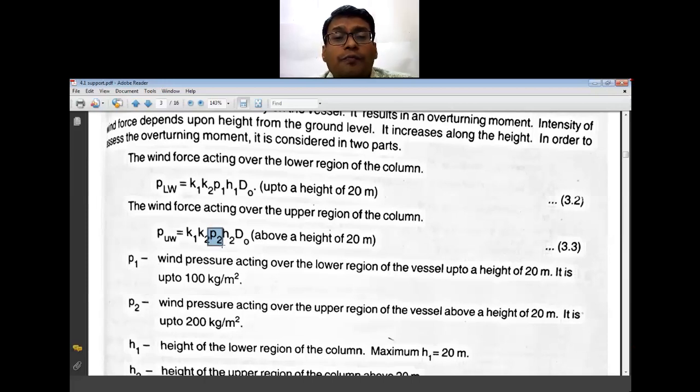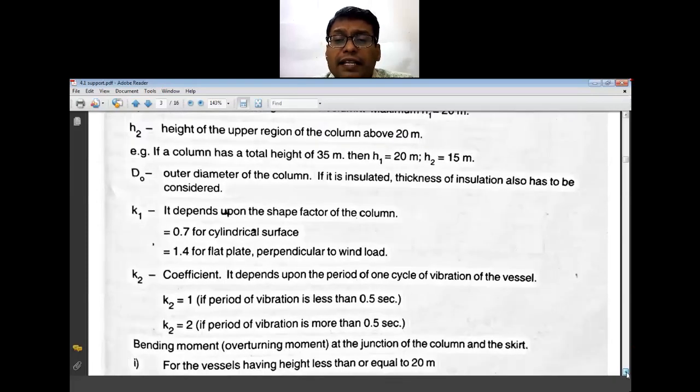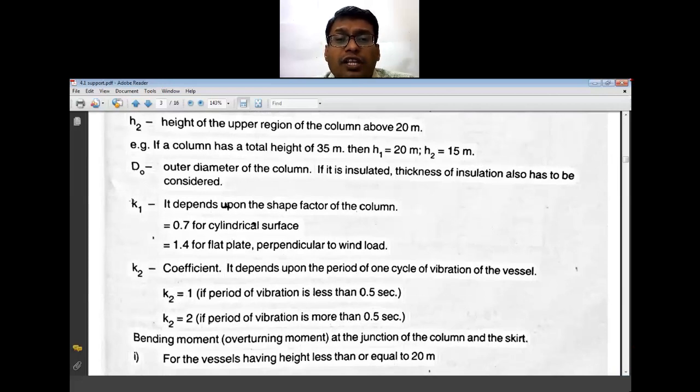Up to 20 meters, the formula for wind force acting on the lower region is K1 K2 P1 H1 into DO, while the wind force acting above 20 meters is K1 K2 P2 H2 DO. Here P1 is the wind pressure acting over the lower region, taken as 100 kgs per meter square in general, and P2 is taken as 200 kgs per meter square.